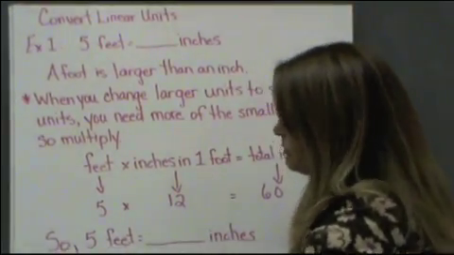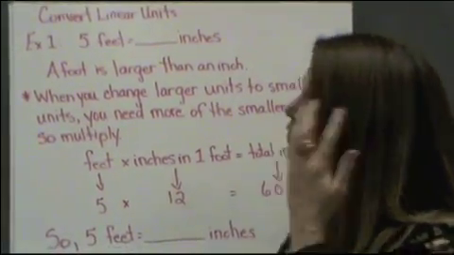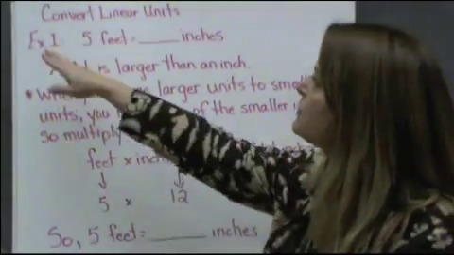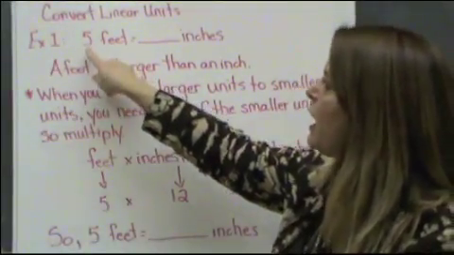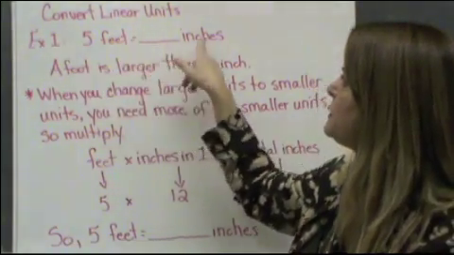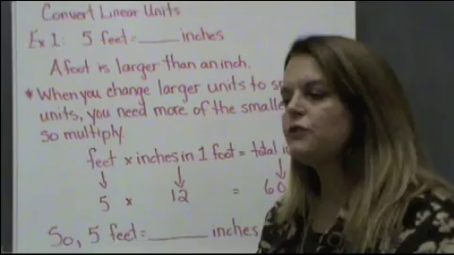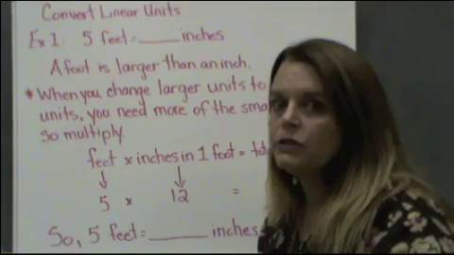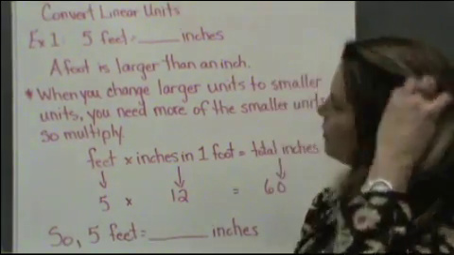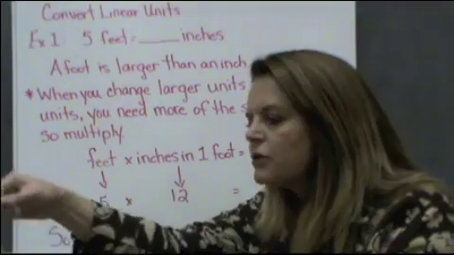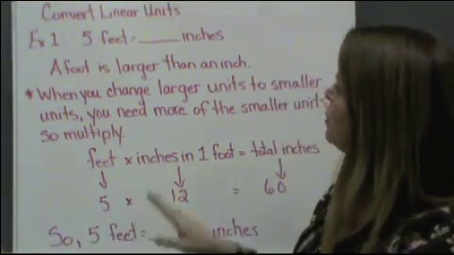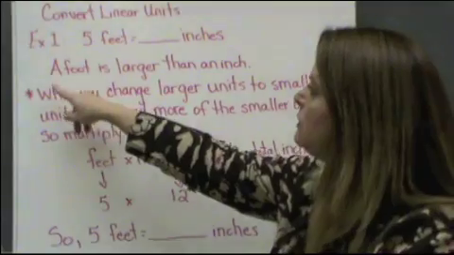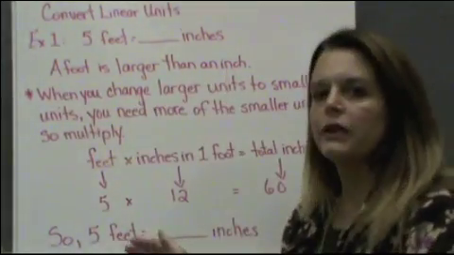So let's do some converting of linear units since we know our equivalent measures now. Here's the first example. If I ask you 5 feet equals how many inches? So I've told you something is 5 feet long, and I want you to tell me how many inches long that is. Well, you could get out your ruler again and count all your inches, or you could do it this way. We know that a foot is larger than an inch.